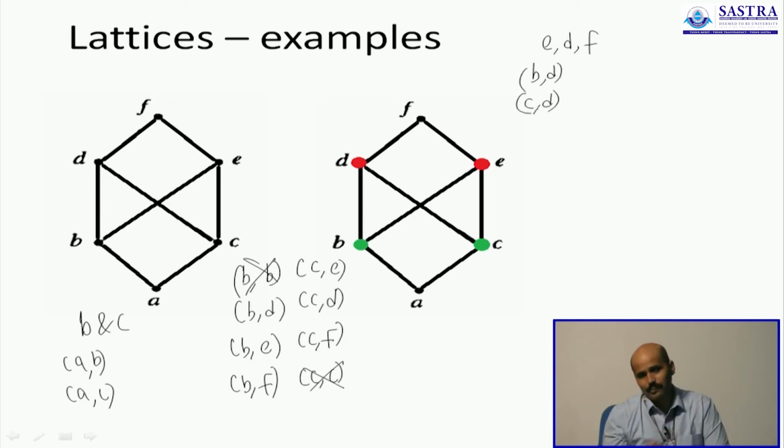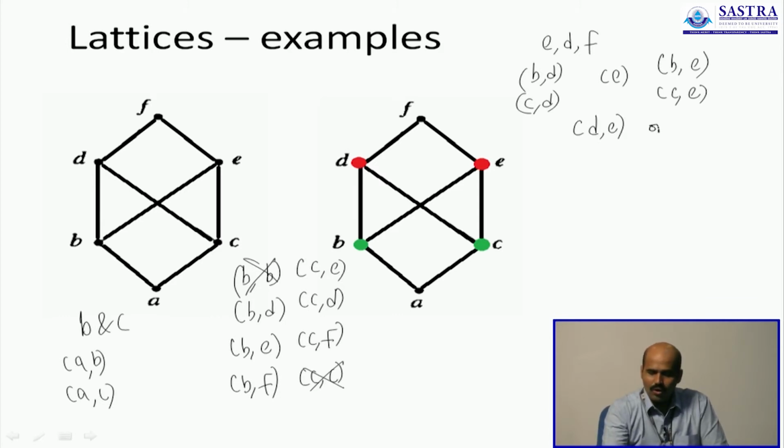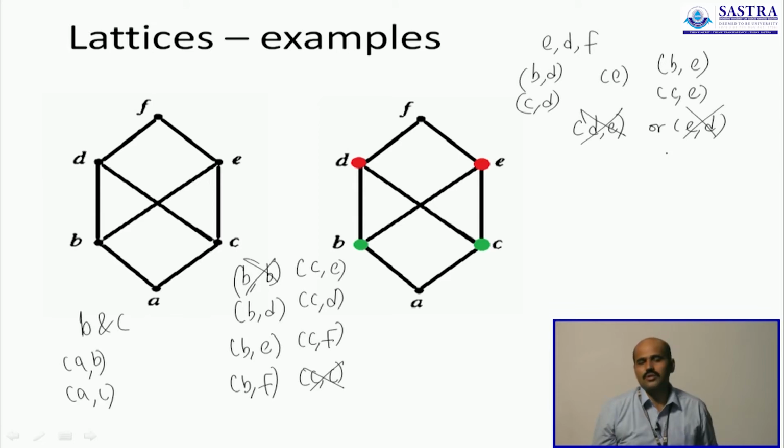But D cannot be the least upper bound because of any other upper bound. Look at another upper bound, let's say the upper bound E. E is also an upper bound because you have both BE as well as CE. But what is the connection between E and F or E and D? Do you have DE or do you have ED? Unfortunately, you have neither.